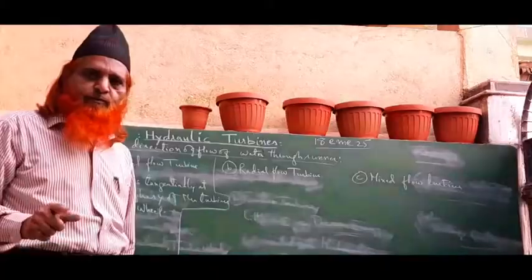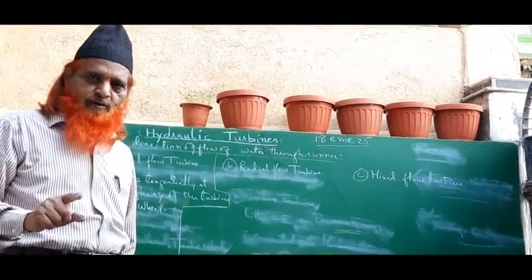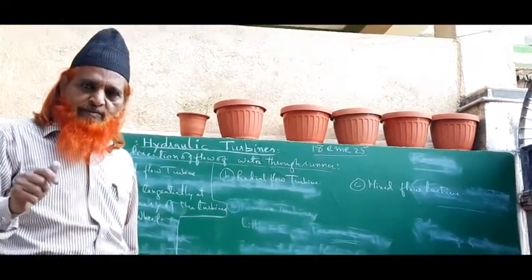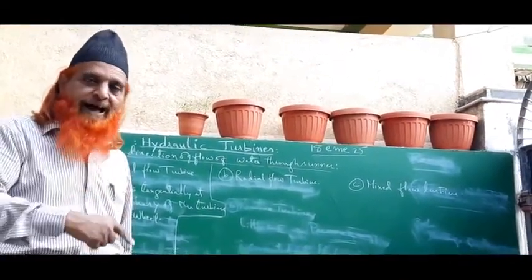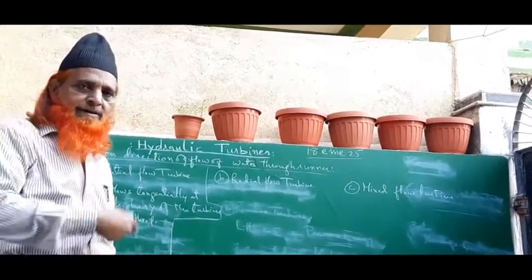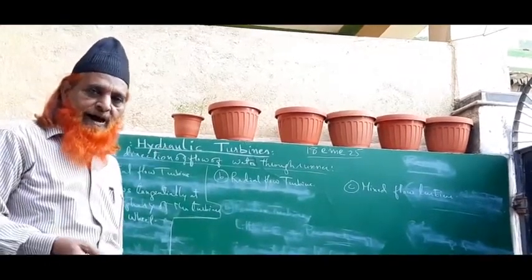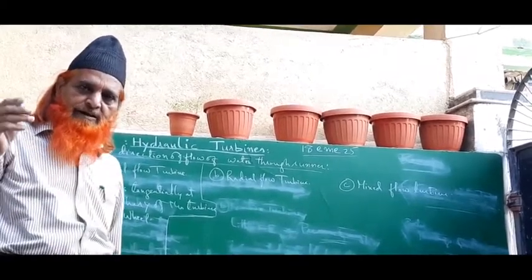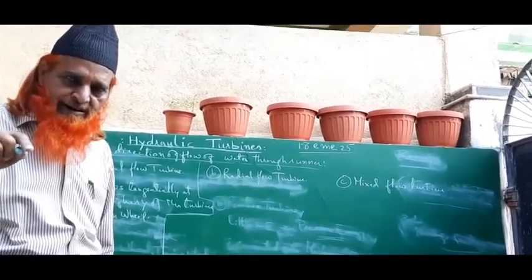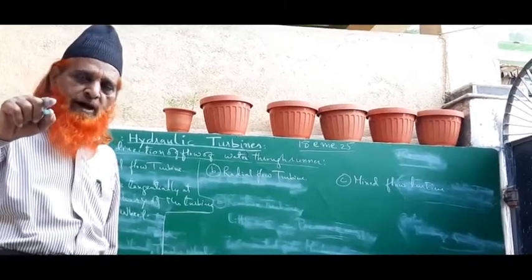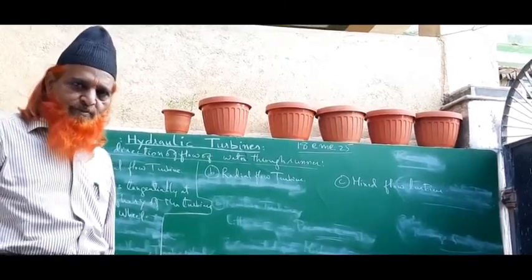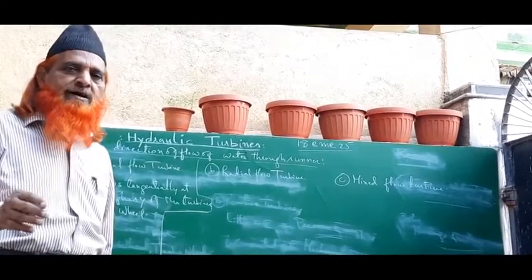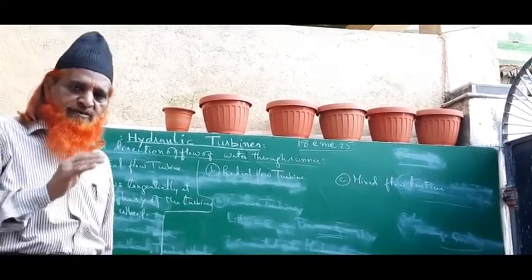That type of flow is called radial flow. Okay. That means the water always flows perpendicular to the axis of rotation. This is the turbine. Okay. And in case of a turbine, the runner blades are there and the water is entering radially, which will be perpendicular to the axis of the rotation. Okay. That means perpendicular to the shaft on which the runner is fixed.